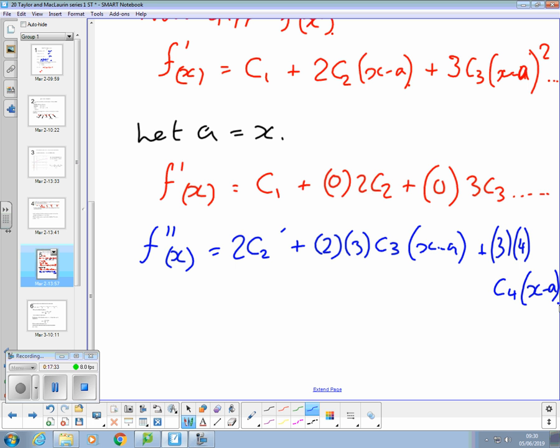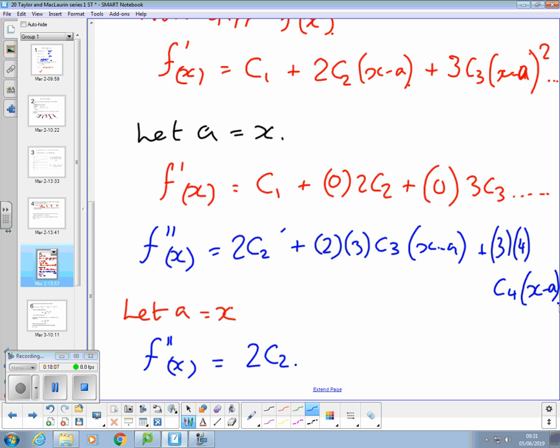What I'm trying to show here is that a pattern arises. Because then when we let x equal a again, all of these terms disappear.